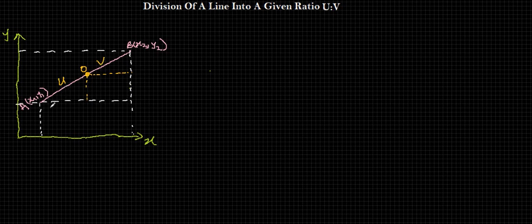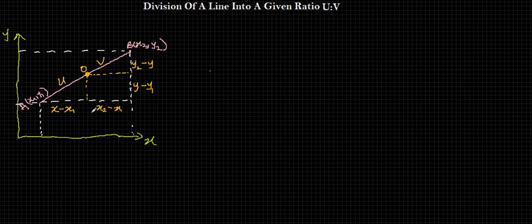So at this point we are going to have x minus x1. At this point you have x2 minus x. Also here we are going to have y2 minus y, and here we have y minus y1 respectively. So that is what we have on this Cartesian plane.